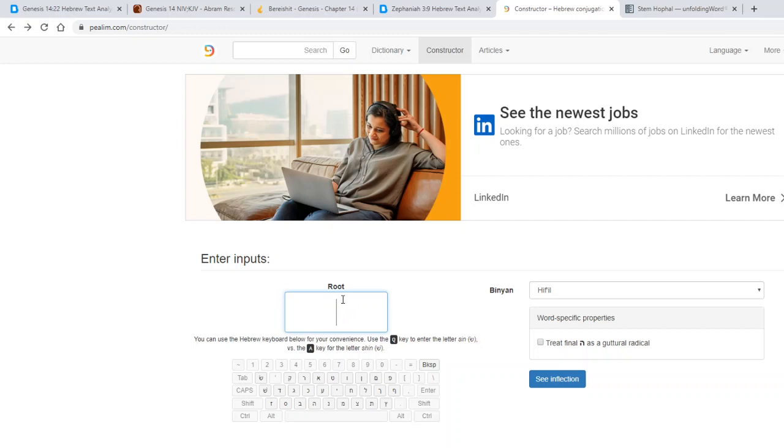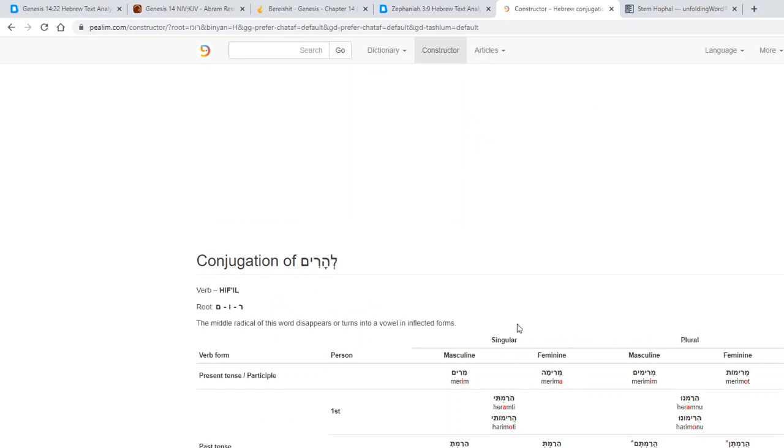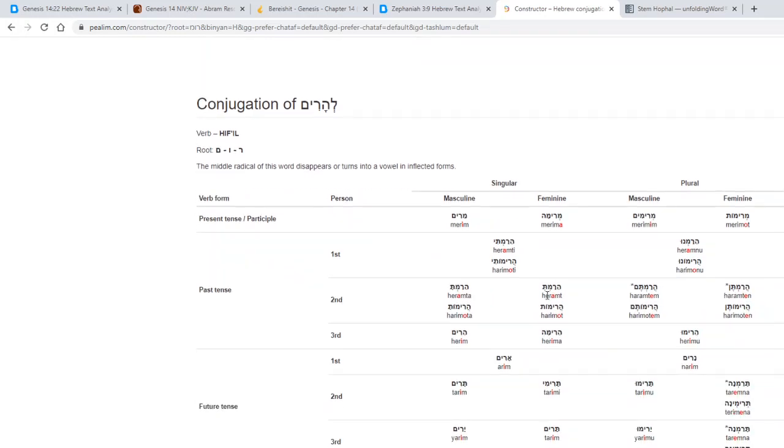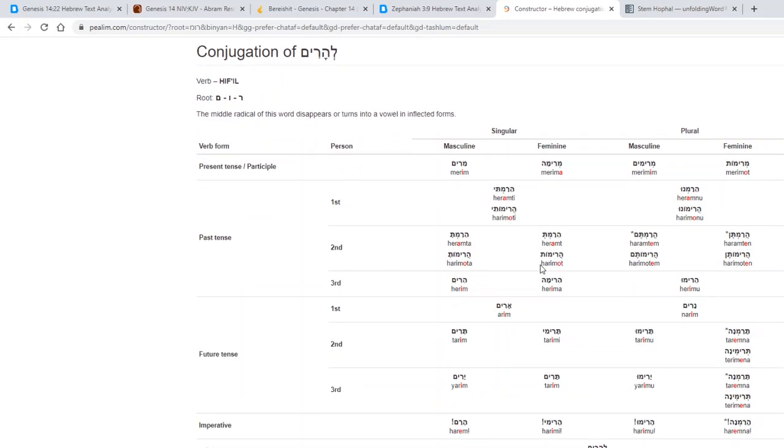Let's Rome. And in the Hefil, right? So Harimoti. Yep.